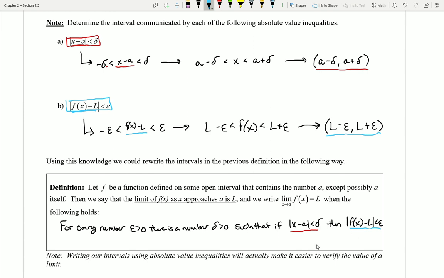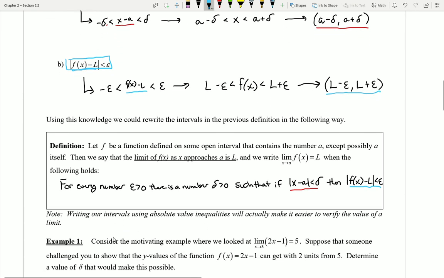So the reason that we want to update the definition with this is that using absolute value inequalities is actually going to make it easier to evaluate the limit, because we'll have some inequalities and almost pseudo equations to work with to help figure out for what values of x this will actually be true.